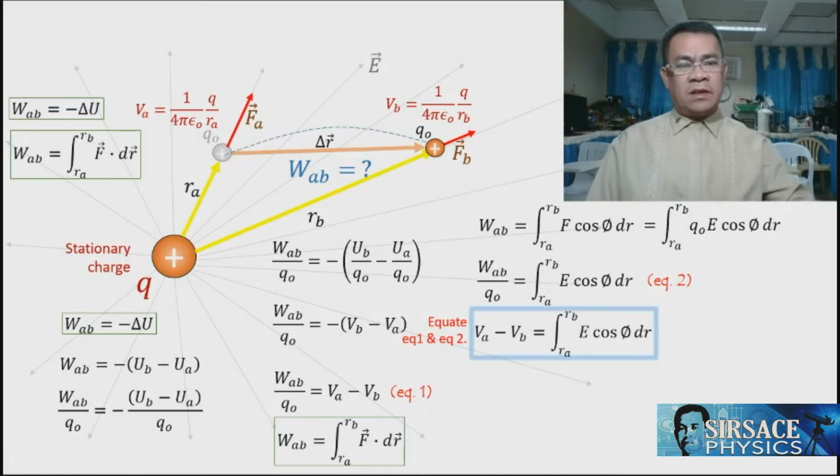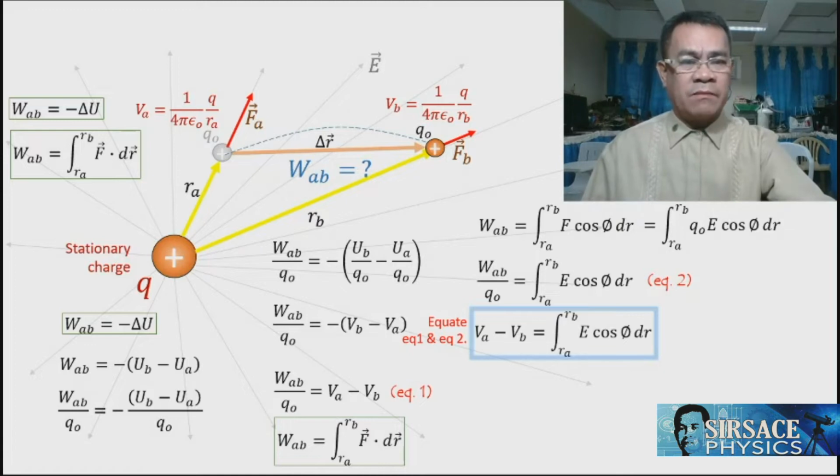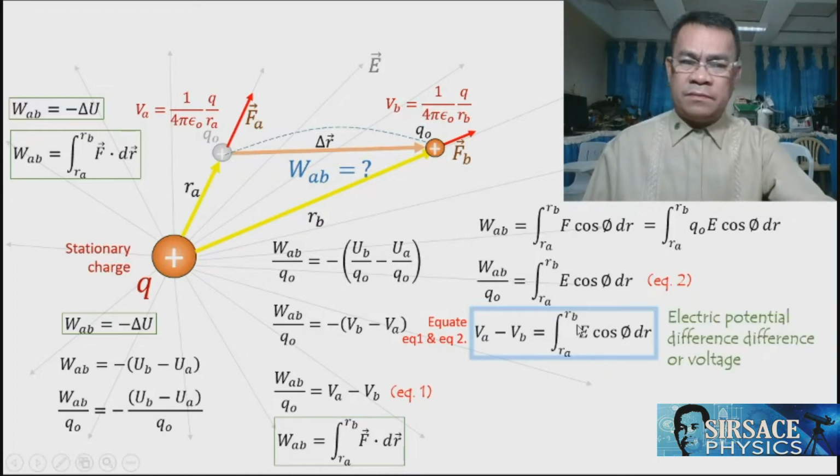Okay. This is the potential difference. Another important use is that we can always find the electric potential at any point of the point charge, or any charges. Why? Because this is the electric potential initial and this is the electric potential final.